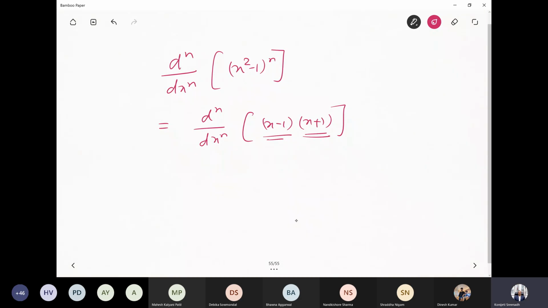When it acts on this one and then you put x equals 1, you are going to get 1 only, and the other one becomes simply 2 power n. So that is why it is not going to be 0. I should have ideally added these things as part of your exercises, but I didn't add them.